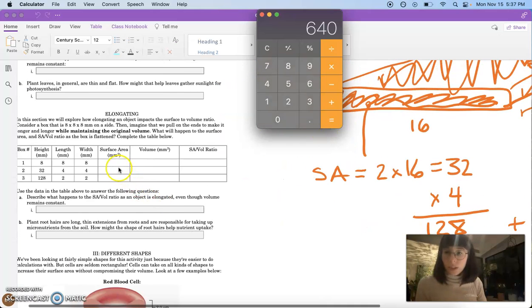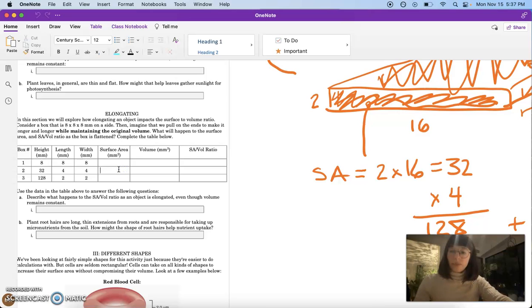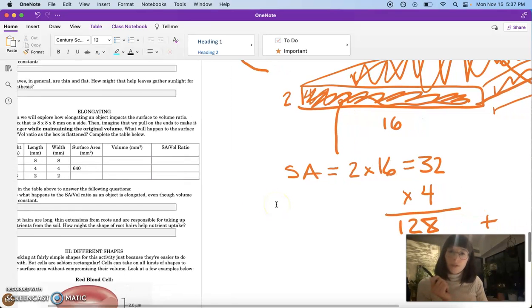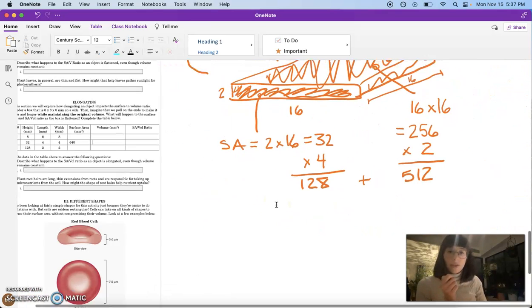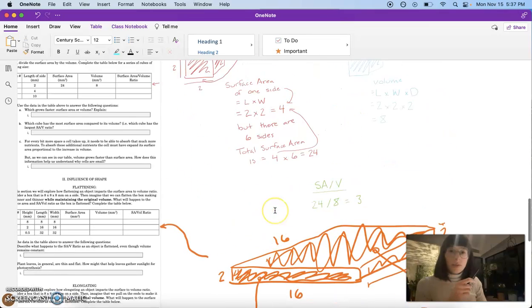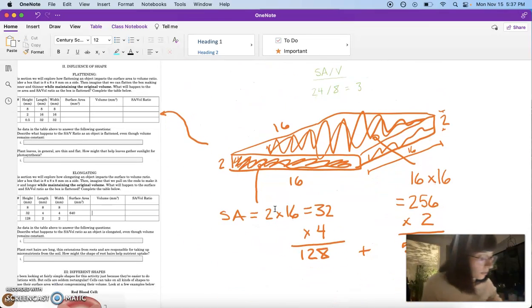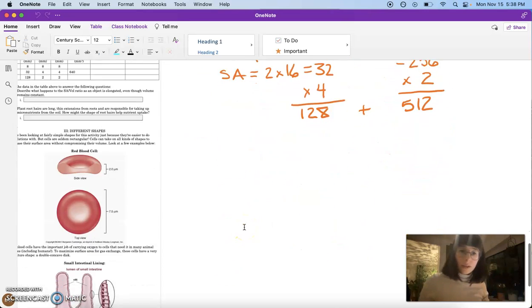So we're just going to put that into our table over here. So 640. And the volume, if we need to calculate the volume of this, which it says we do, I used blue for that, so I'll stick with the same colors here. To calculate the volume, I'll just write down, sorry we're going all over here.